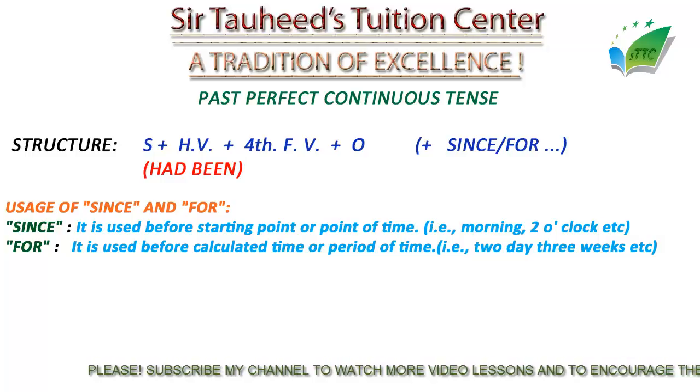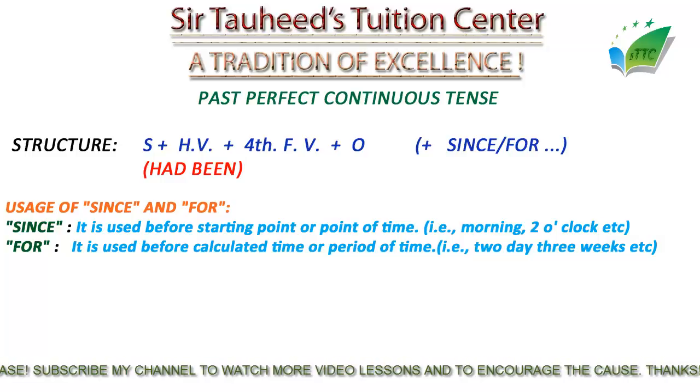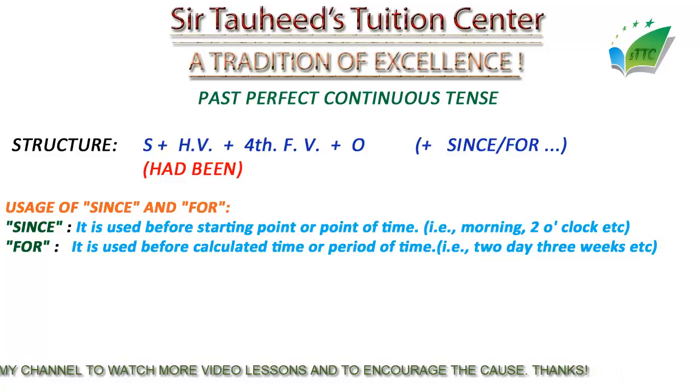Next we have to learn when to use since and when to use for. Since is used before a starting point or point of time, such as morning or 2 o'clock. This is called the starting point.